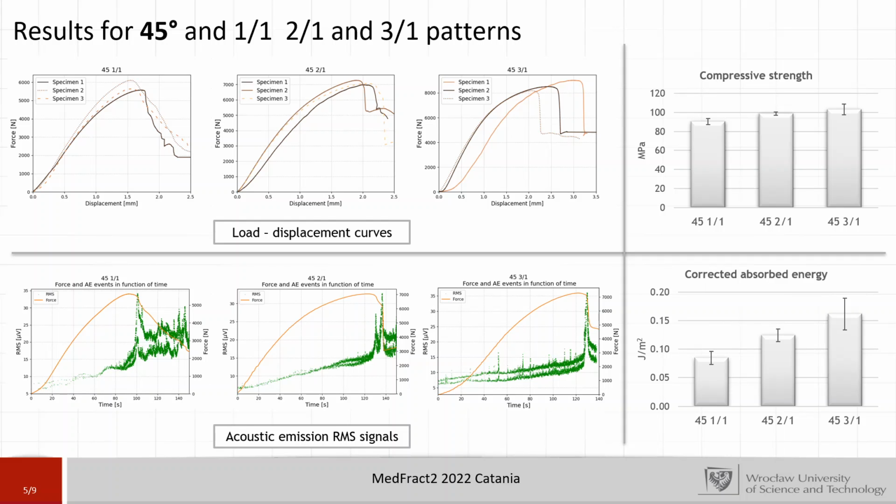We can see that there is a correlation between the mosaic pattern number and the corrected absorbed energy, and with the rising mosaic pattern, the corrected absorbed energy is higher. A similar tendency might be seen in the compressive strength, but without such a huge difference.